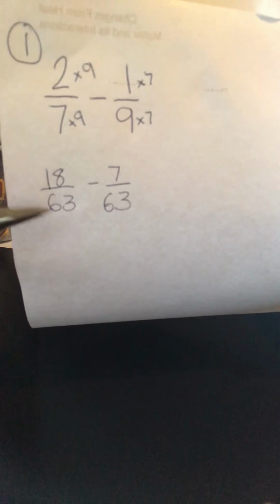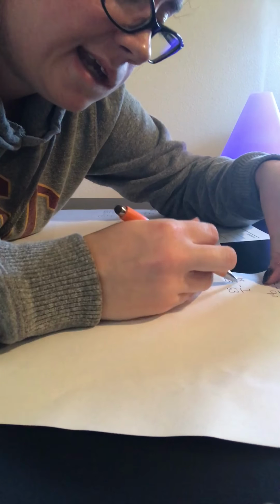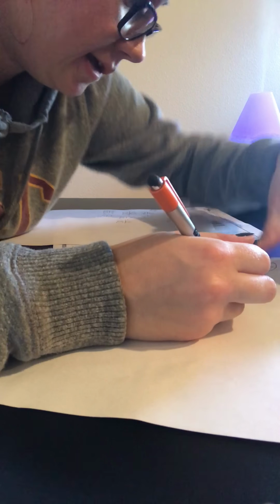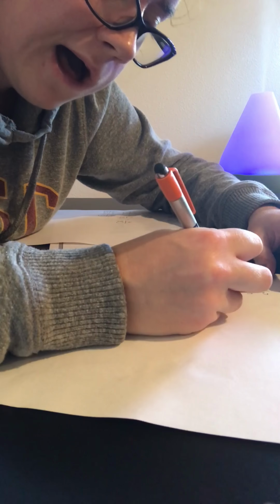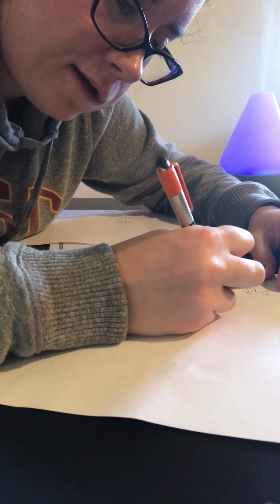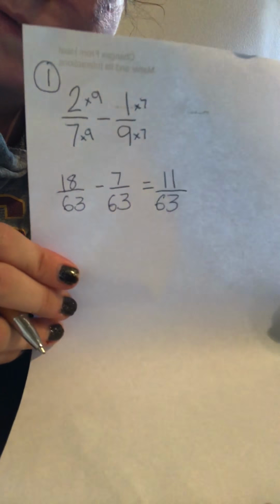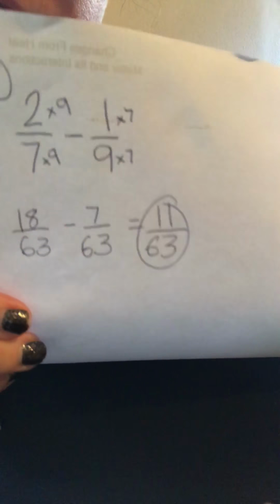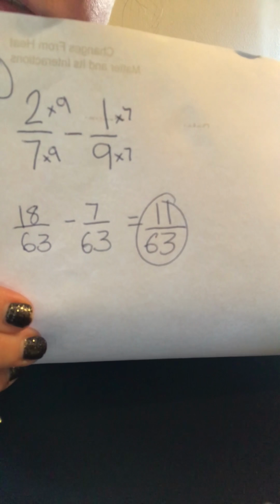Now I need to subtract straight across my numerators. 18 minus 7 is 11. And the denominators, you bring that right over, 63. So that's going to be your answer. That wasn't a super pretty 6, sorry. 11/63 is your answer.